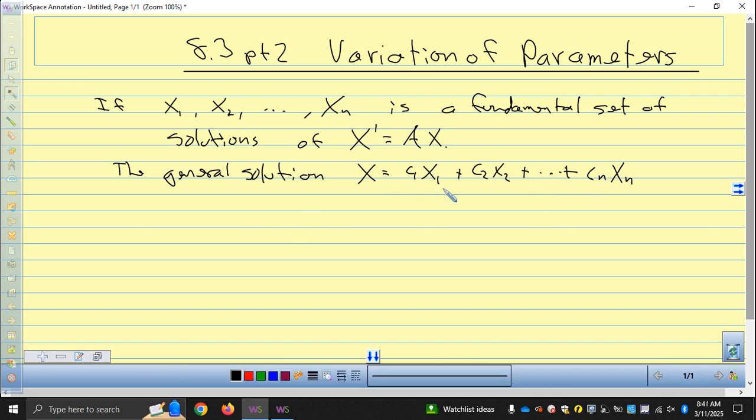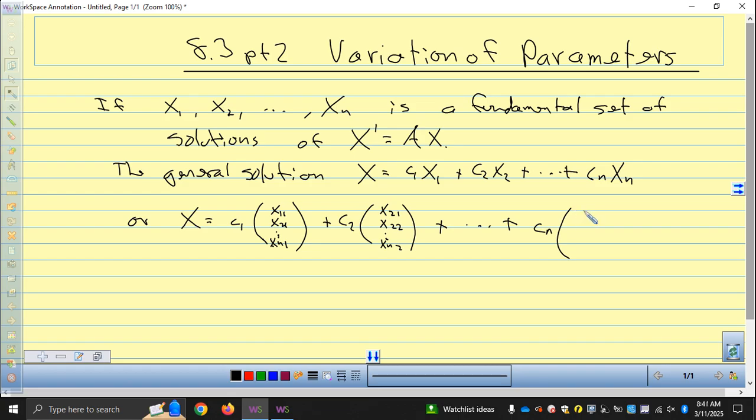And if we wrote out our matrices, we'd say x equals c1 times the column vector x11, x21, up to xn1. So we get column vectors for each of these, plus c2 times x12, x22, up to xn2. And we go up to however many solutions we have, and the last is x1n up to xnn.